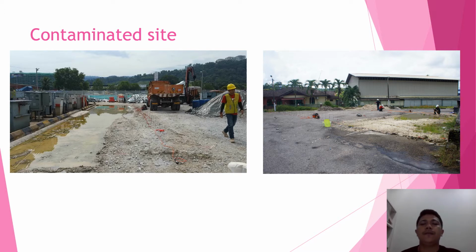So the objective here, we want to study the contaminated site, based on oil or grease from a transformer. So this is another site at Mersing. So you can see here the dark color is oil. So we use the resistivity method to study the thickness of the layer with soil.